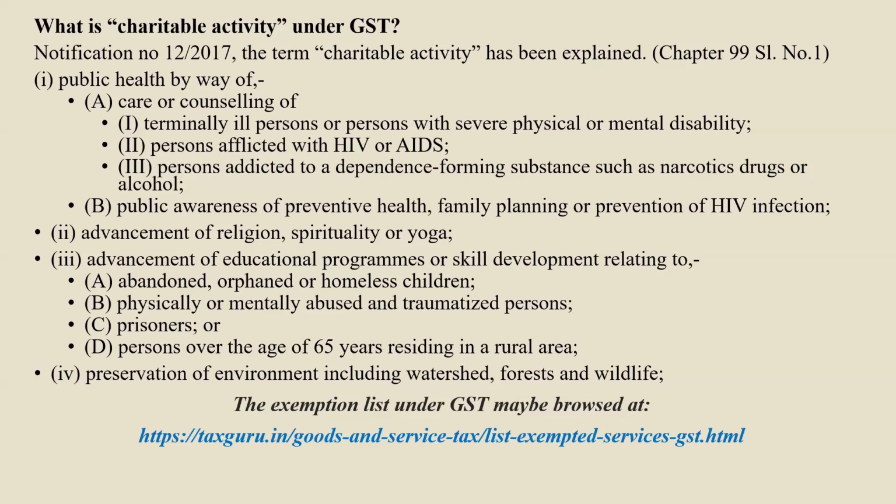It says care or counseling of terminally ill persons, people with HIV or AIDS. Third is persons who are addicted to dependence-forming substances. And the fourth, which is slightly broader, is public awareness of preventive health, family planning, or prevention of HIV/AIDS.